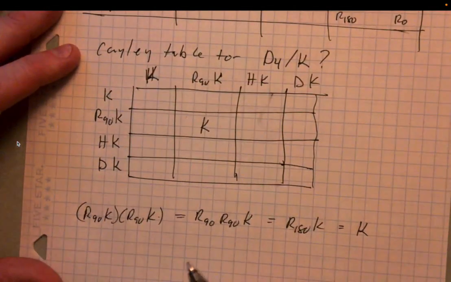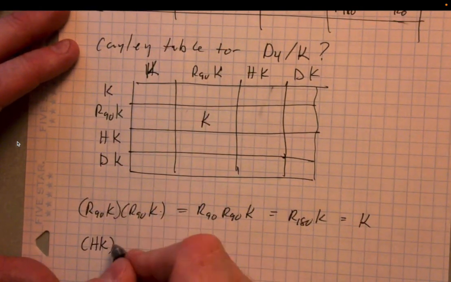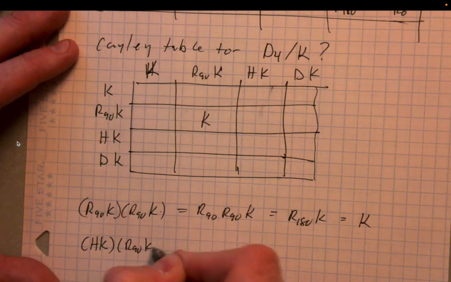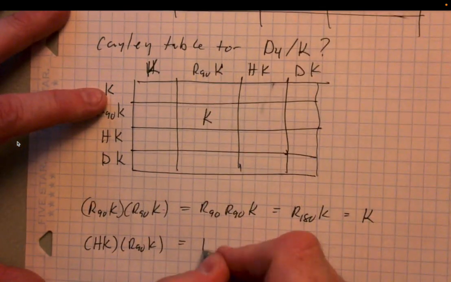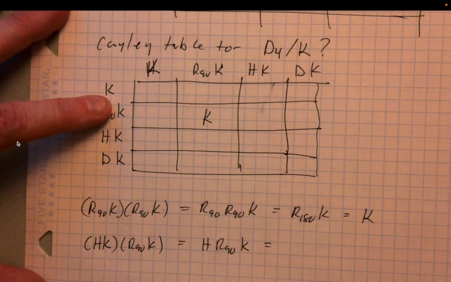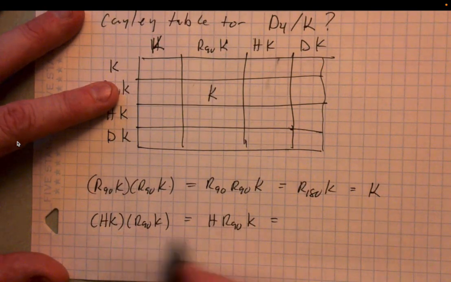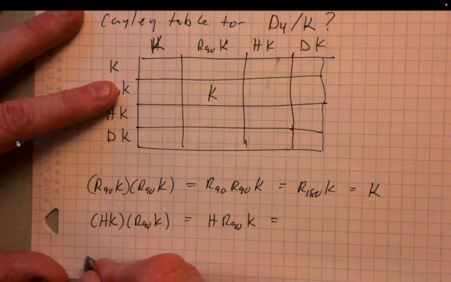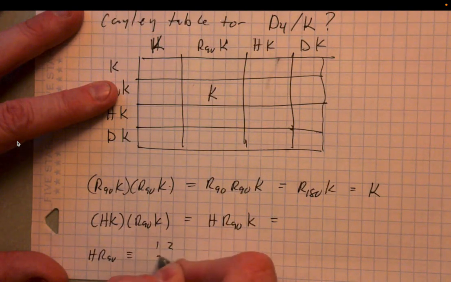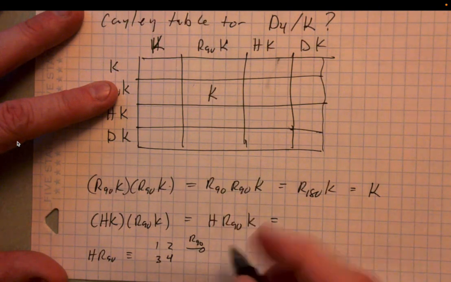Right? What about HK and R90K? Well, we know that that's HR90K. And what is HR90? Let's try to remember. Well, you could do it from first principles. So 1, 2, 3, 4, do an R90, and you get 2, 4, 1, 3.